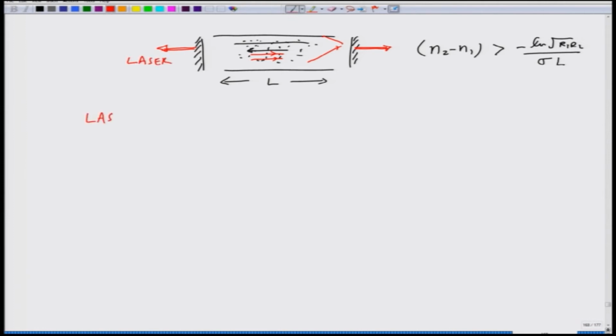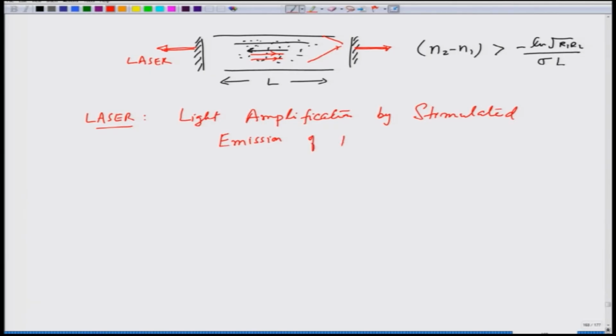Laser means light amplification by stimulated emission of radiation.